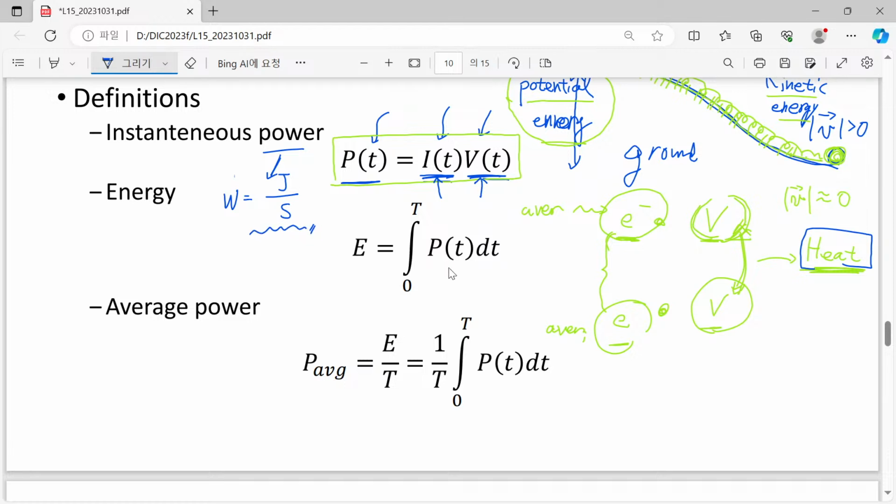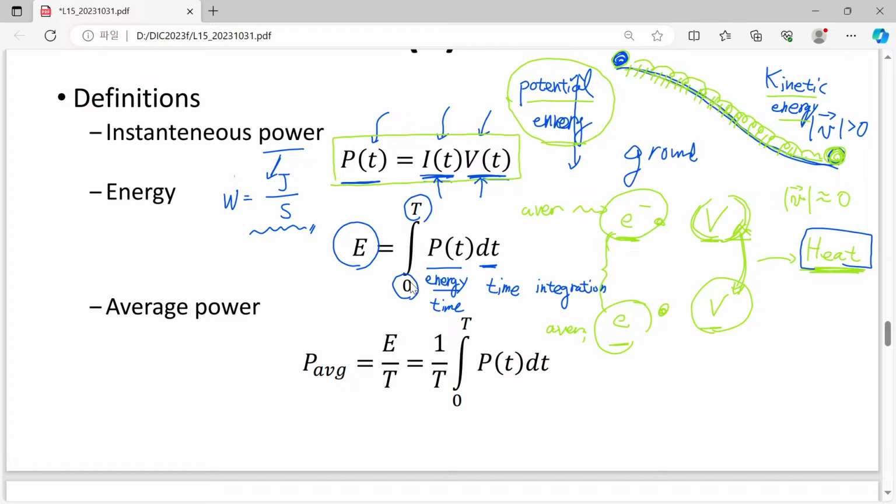When we make a time integration of power, which is given by energy divided by time, we can easily convert how much energy is lost during this time period t. If you have any question, please let me know.